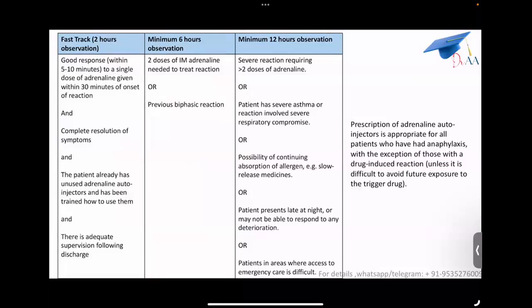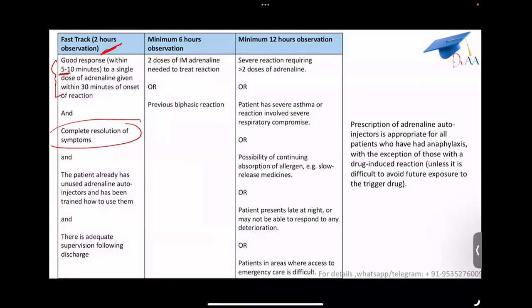So how much time should they be kept in the emergency department, or admitted in the hospital for? You can just keep them for 2 hours with patients with anaphylaxis if there is a good response to the first dose of adrenaline and it is given very quickly within 5 minutes, and the patient is back to completely normal self. That is complete resolution of the symptoms.